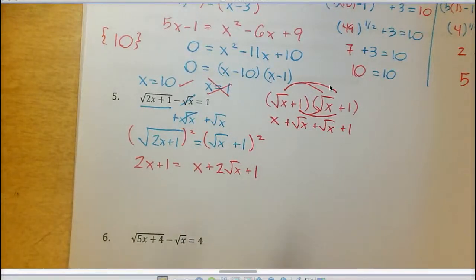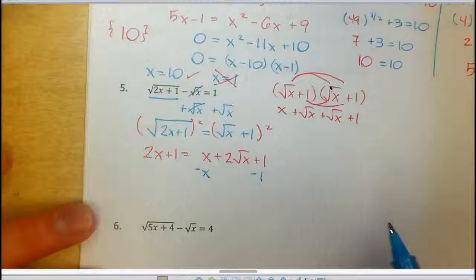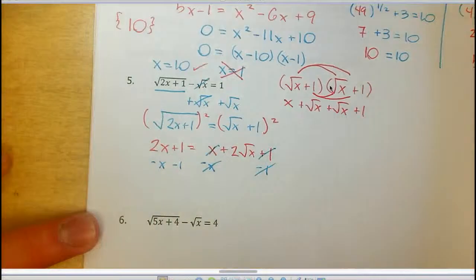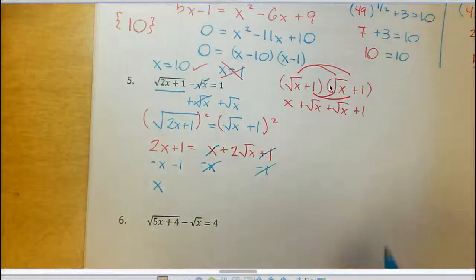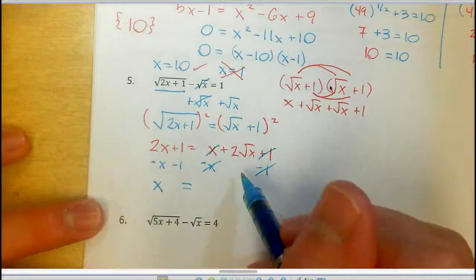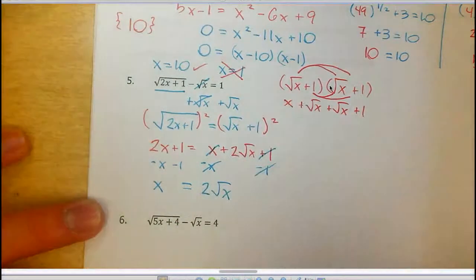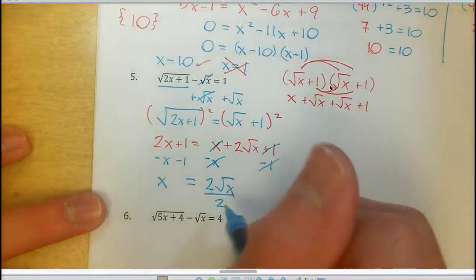Okay, so I'm going to subtract this x and this 1 from both sides, which gives me just x on the left side equals, and we're left with 2 radical x on the right side. And then to finish up isolating this radical x, I need to divide both sides by 2.